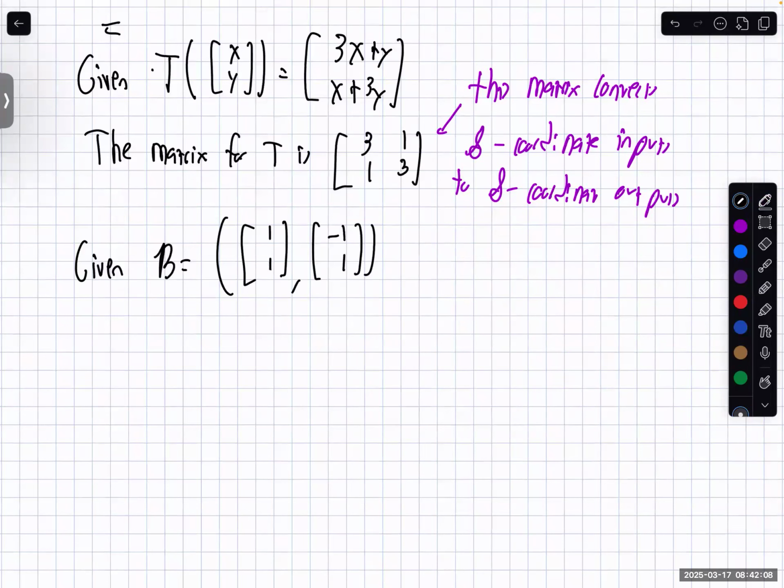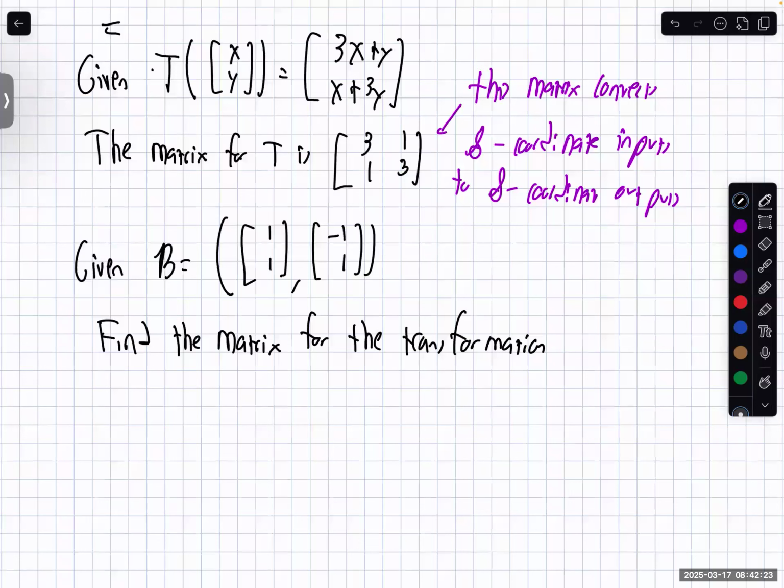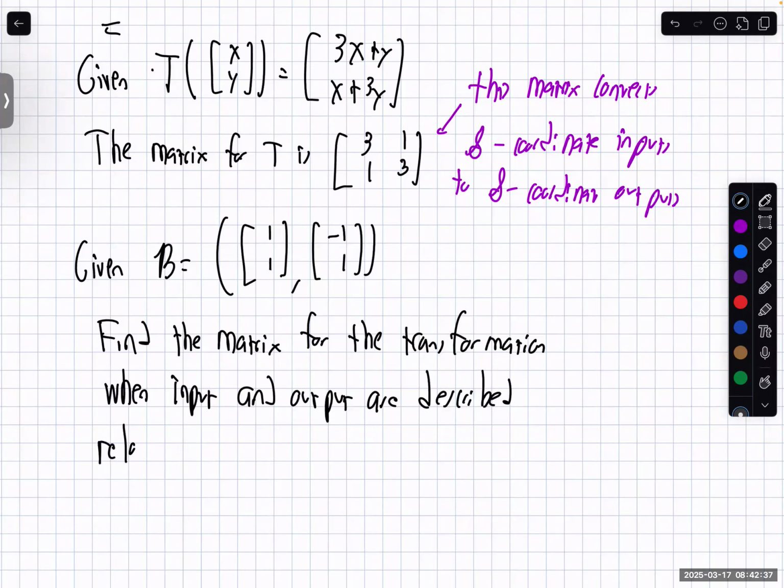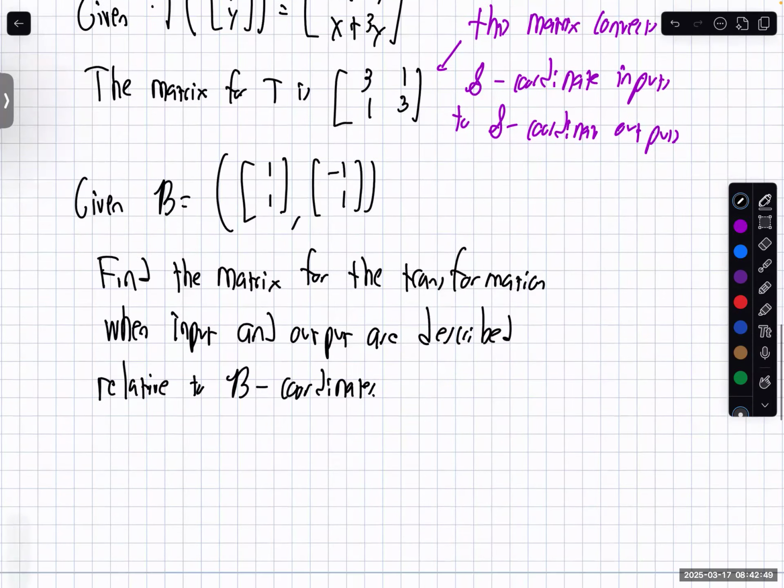Okay, but now we're going to work with a second coordinate system. What I want you to do is find the matrix for the transformation when input and output are described relative to the B coordinates. And I think a picture will make this more clear.